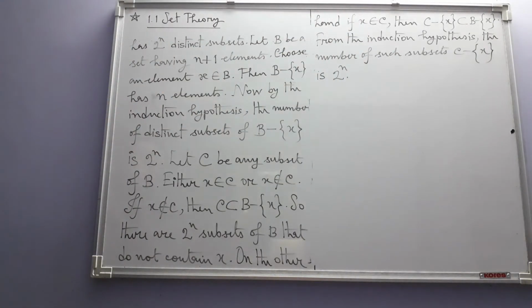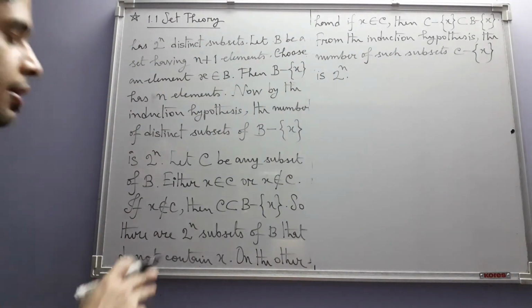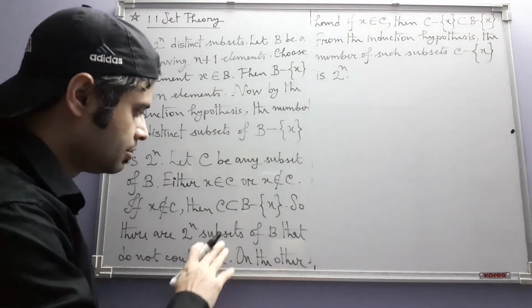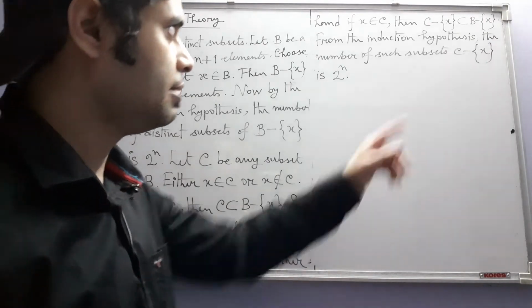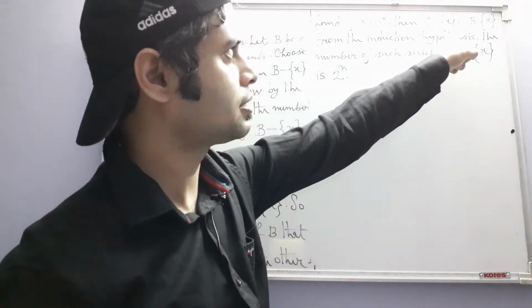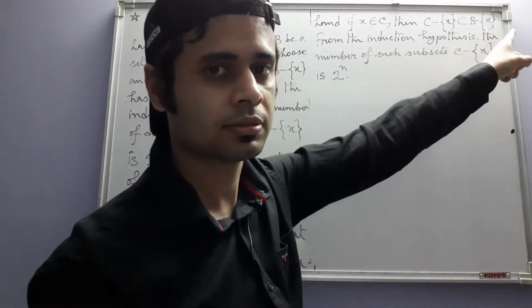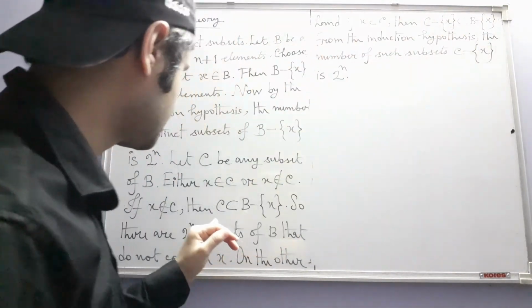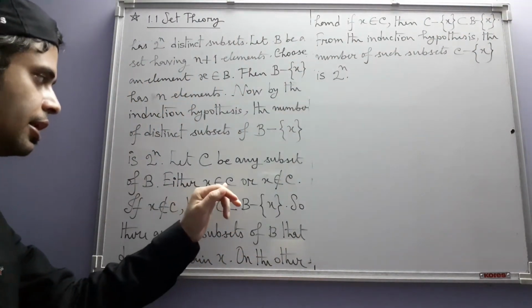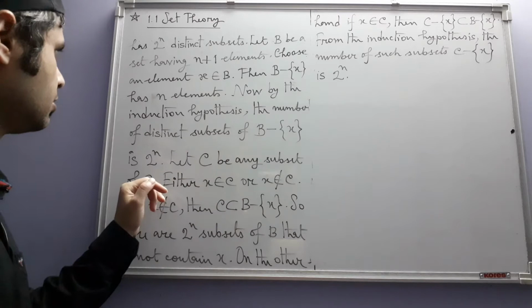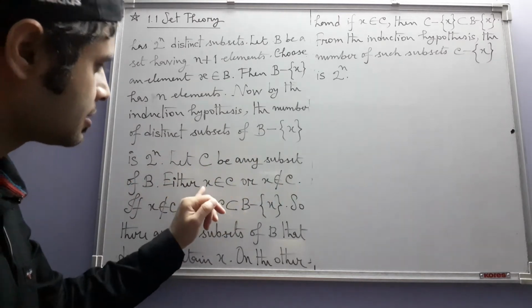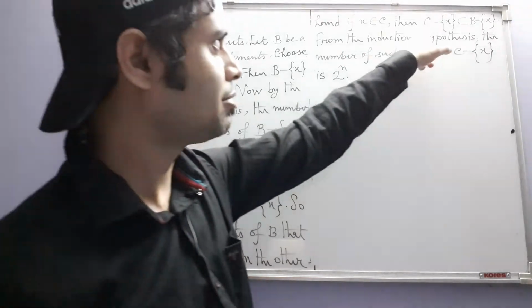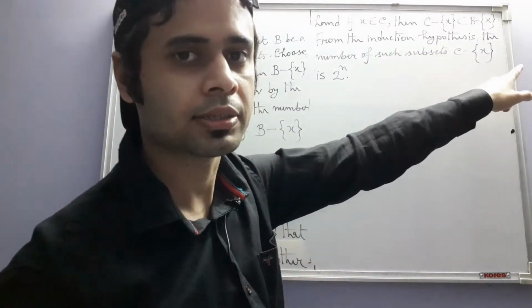Now note that any subset of B which contains x gives rise to one such subset of B minus x. That is, if C is a subset of B that contains x, then C minus x is a subset of B minus x.